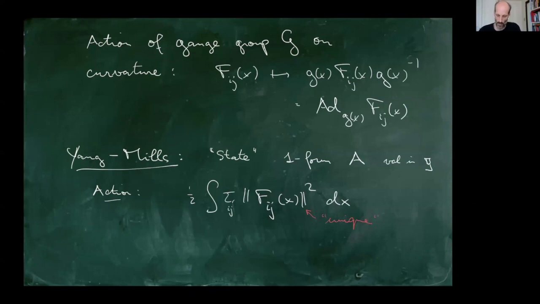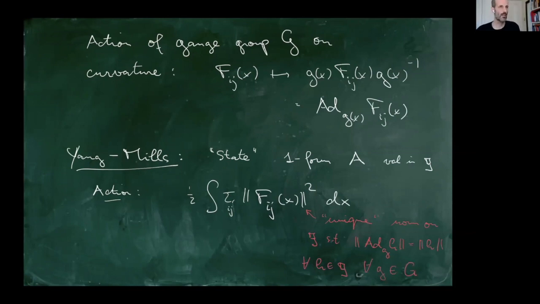But it's the unique norm on the Lie algebra such that the norm of Ad_g h is equal to the norm of h for every h in the algebra and for every g in G.